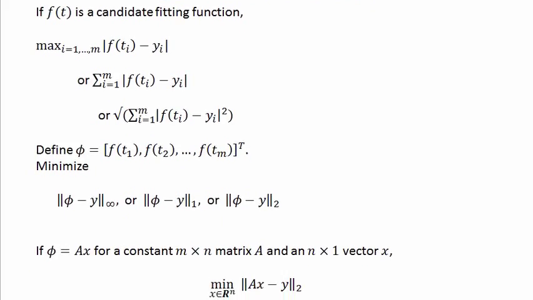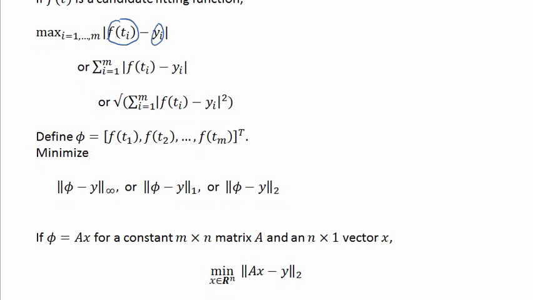So we want to know, how well does f do the job? Well, there are a number of ways we could define how well f is doing its job. So one way is to look at the difference between f evaluated at ti and the data point, and then simply ask, what's the maximum deviation of that sort in absolute value?